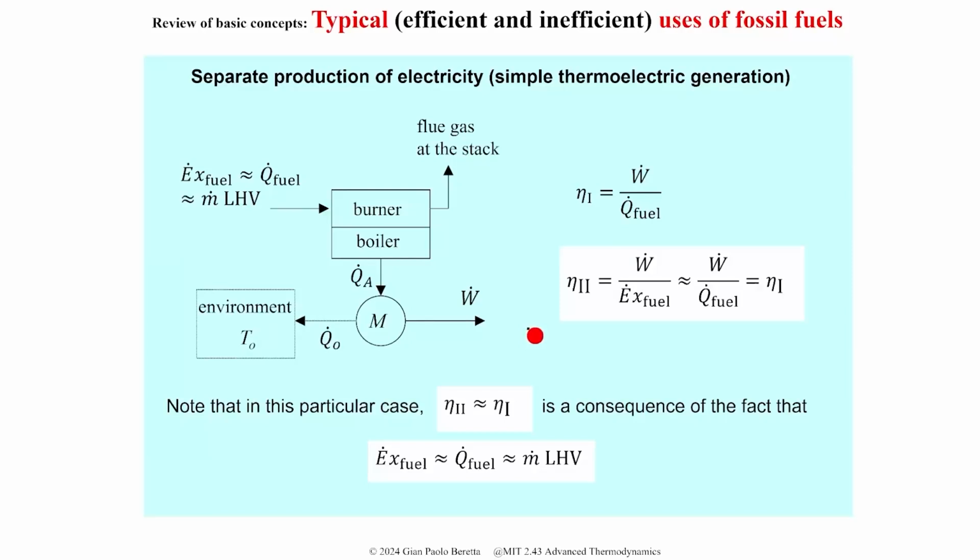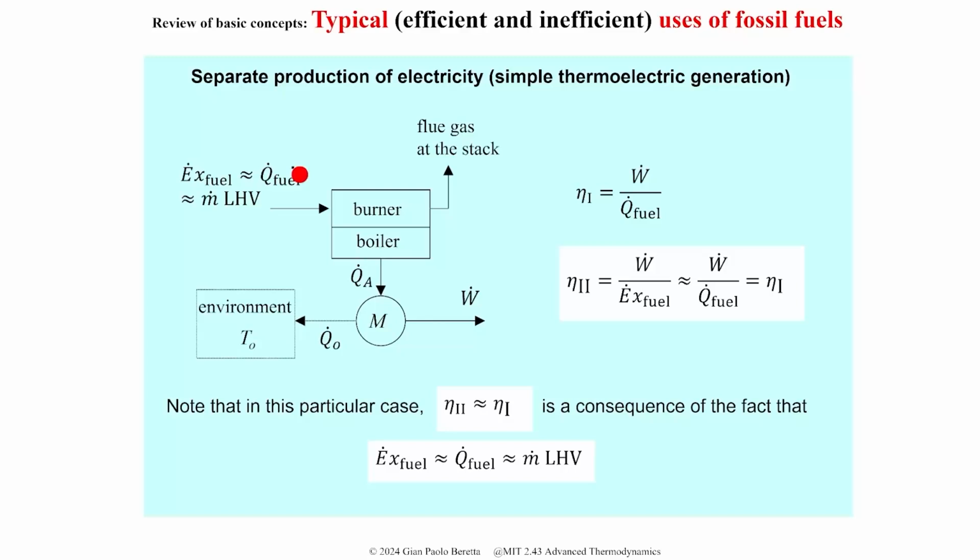Okay, so usually we produce electricity in power plants that use our fuel. And remember, we said that for the moment, but also for typical applications, it is fair to approximate the exergy of the fuel by its heating value.